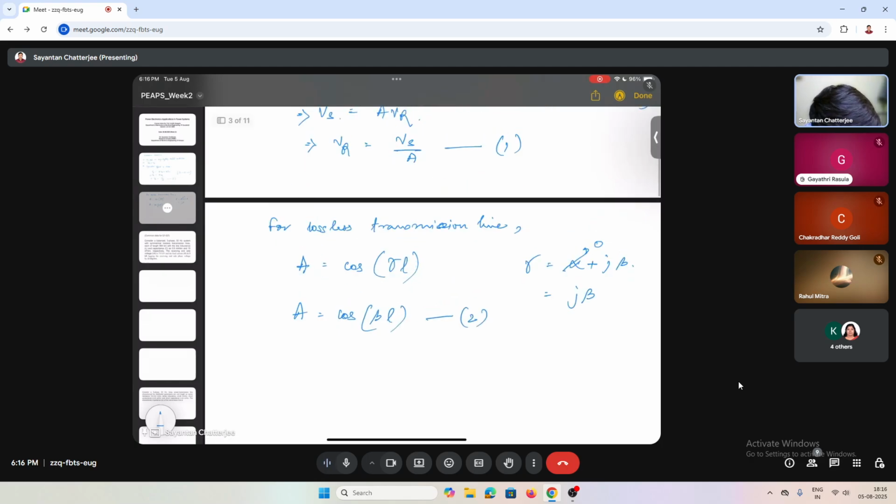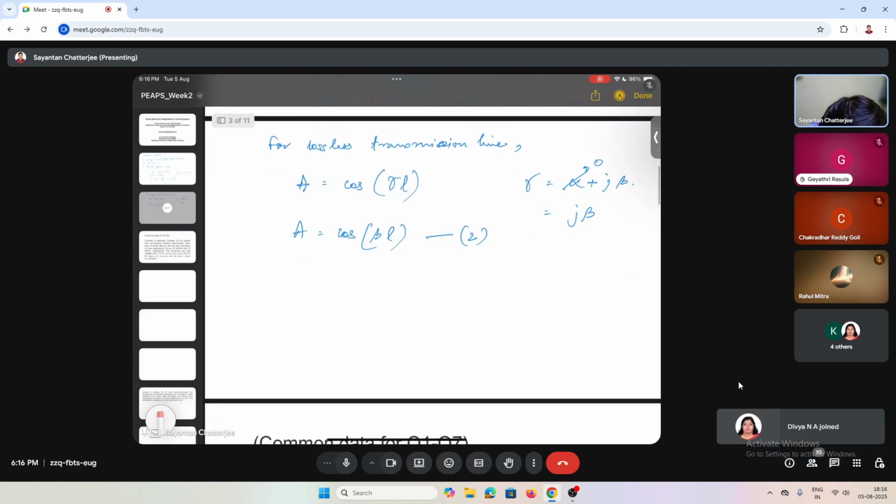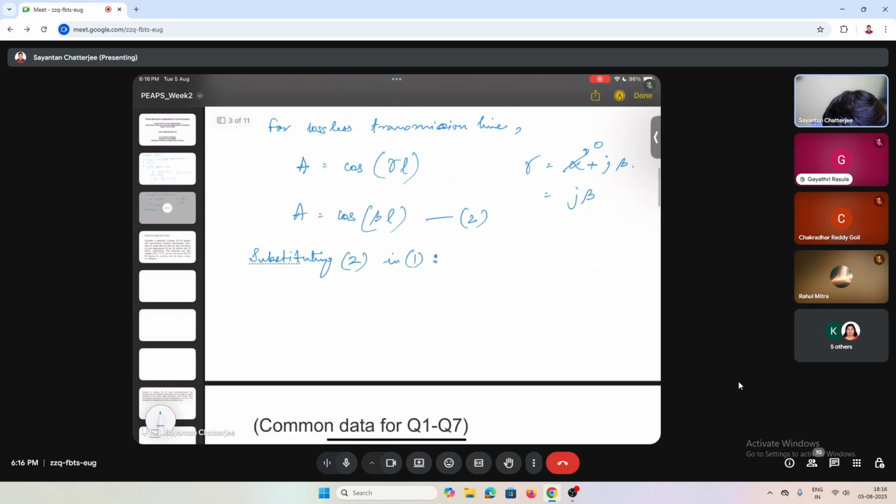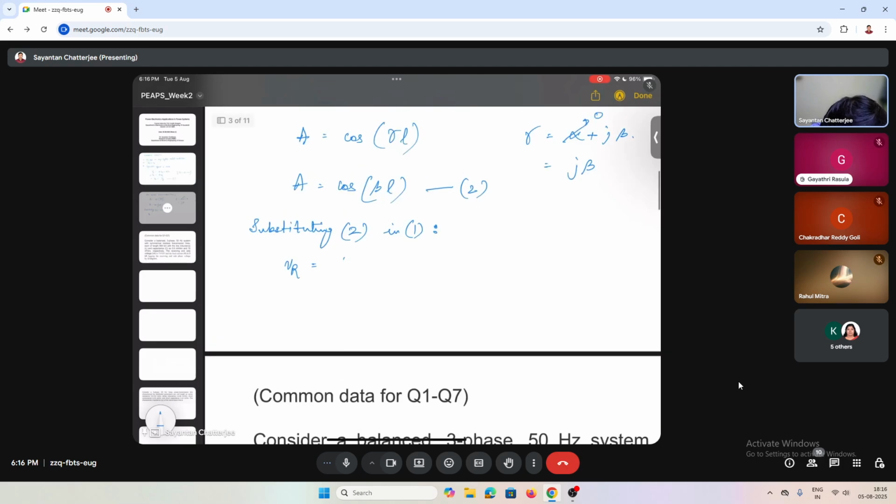If we place this one here, substituting 2 in 1, we get VR is equal to Vs by cos beta L.